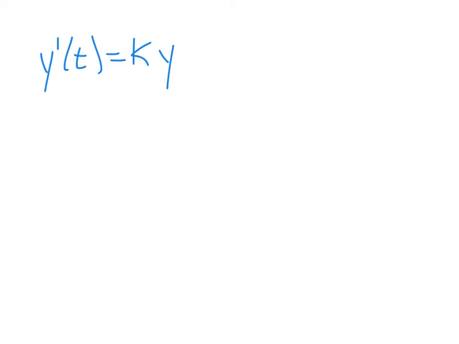So let's solve this and see what happens here. And so I'm going to ignore k for this example, or for this explanation. And so I'm going to change this to dy dt equaling y for right now. And then when we separate these, we're going to have dy over y equals dt.